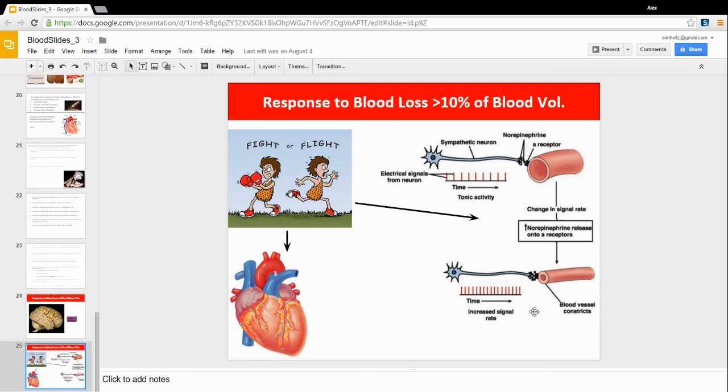Also, sympathetic neurons release norepinephrine onto the smooth muscle in our arteries and veins, causing generalized vasoconstriction. That vasoconstriction is also going to raise blood pressure.